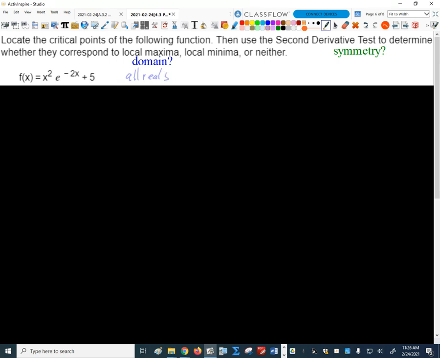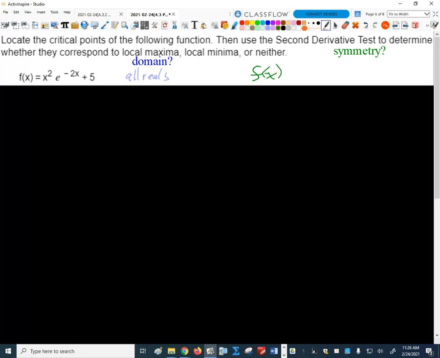Any symmetry here? What do you think? We probably have to run the test, don't we? Test for symmetry. So let's see what happens. Our test for symmetry is just to evaluate our function at negative x and see what happens.